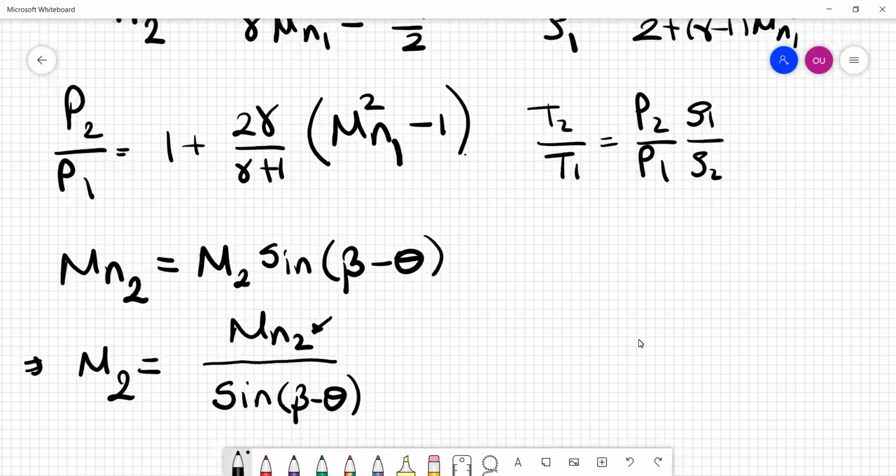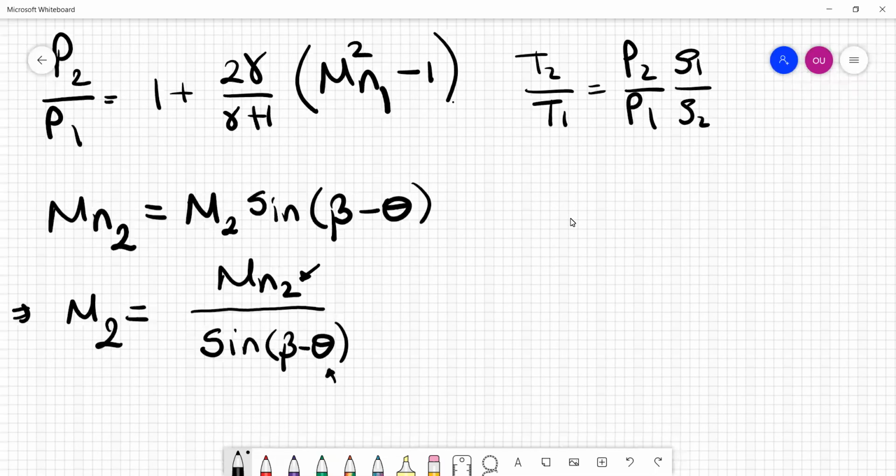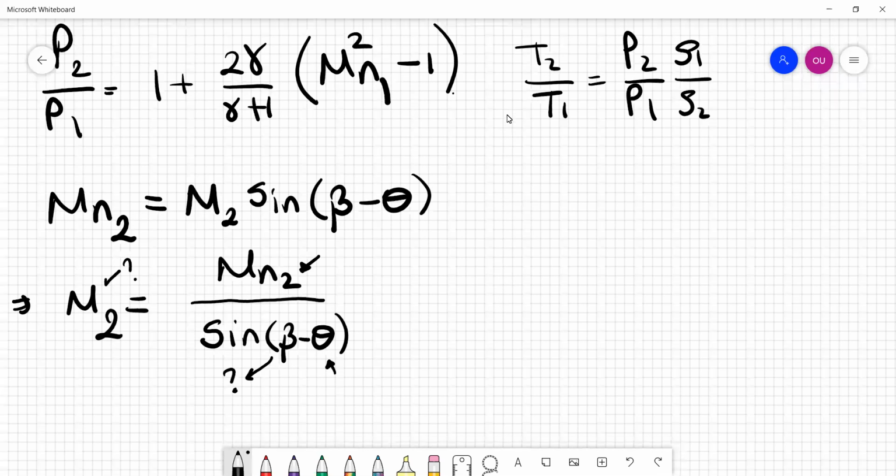If you know the normal Mach number Mn1, then Mn2 can be calculated. Theta generally is an input, so it's your geometry. What we do not know is these two things, M2 and beta, the shock wave angle. We don't know that, okay? So in order to find that, we need to dig a little bit deeper.